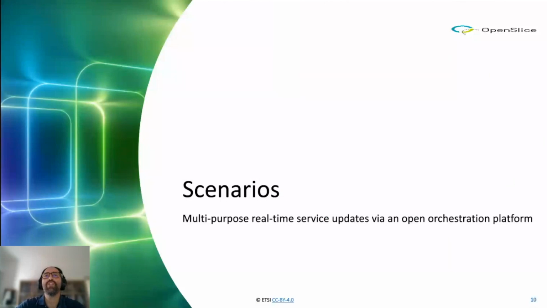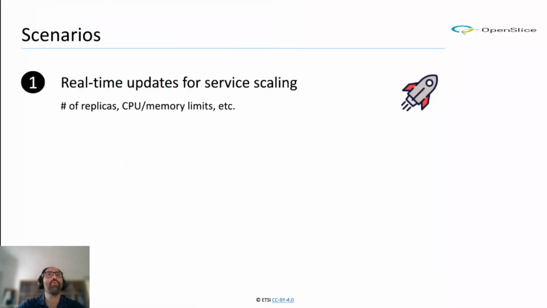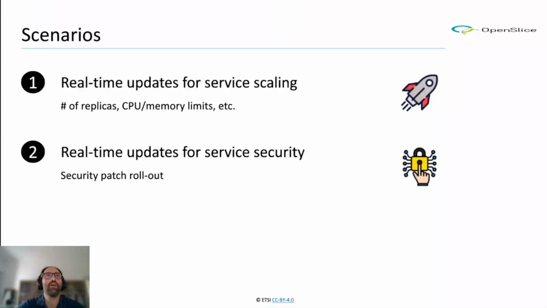Now, let's see our scenarios. One scenario is real-time updates for service scaling. There might be low traffic or heavy traffic, and we might want to change that dynamically. There are also real-time updates for service security, in case of a security patch rollout.